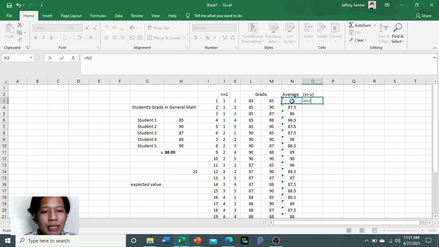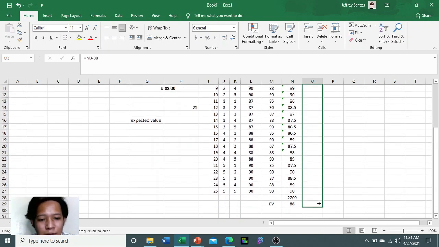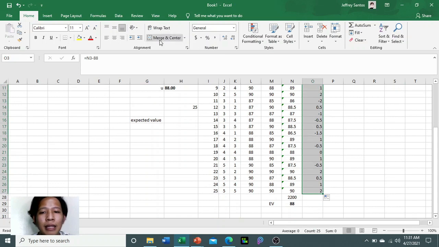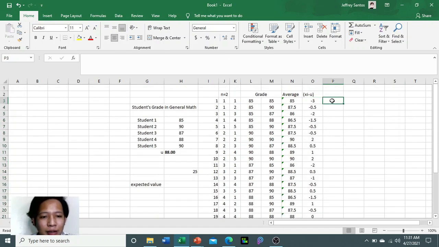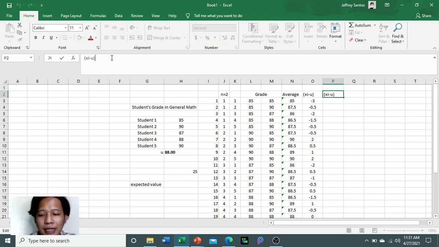So, we have here this one minus 88. Okay? And then, we do the same to all samples. Okay? And then, what we're going to do is to square this one. Alright? Square this one. We have this multiply by itself. Tama? So, i-multiply natin siya sa sarili niya.